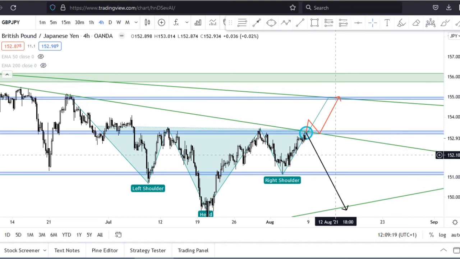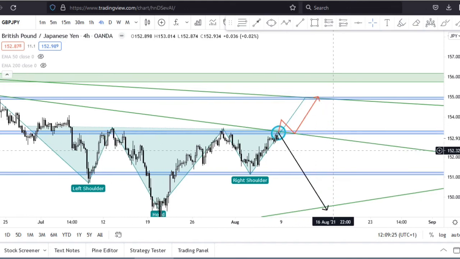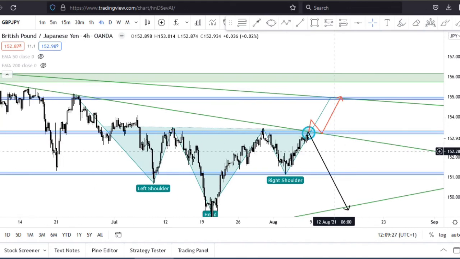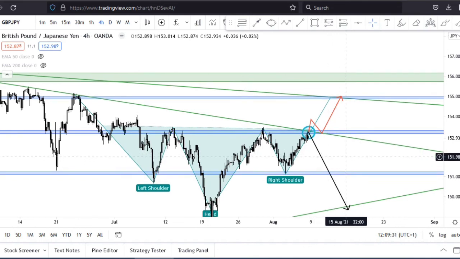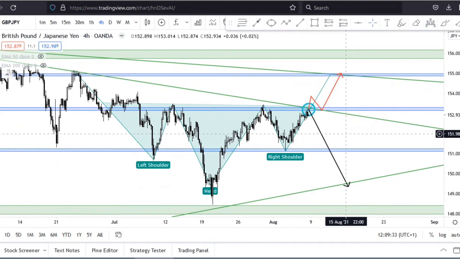So this is my analysis for GBP JPY, and for all the other pairs as well, for the upcoming week. Let's be patient and wait for price to come to us, and always ensure proper risk management, as trading is a game of probabilities. Be careful trading when there is big news coming up, and we should be able to manage our risk around that news.